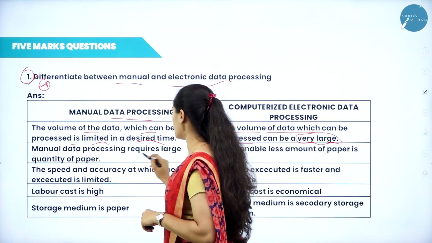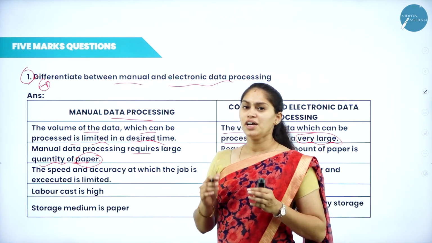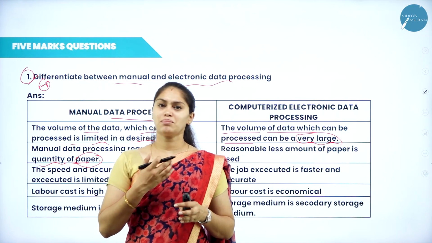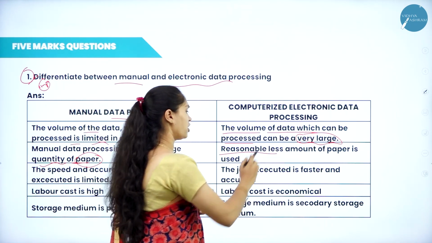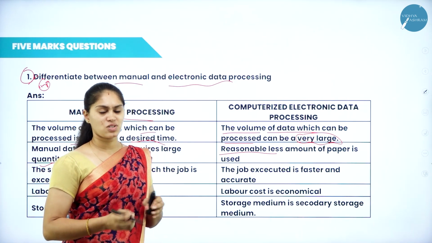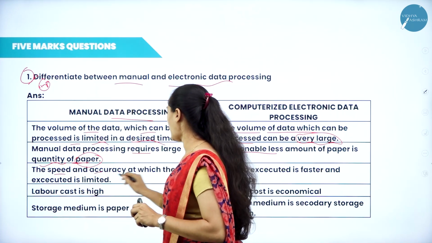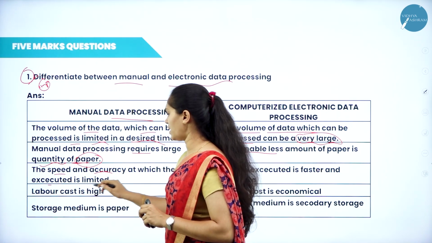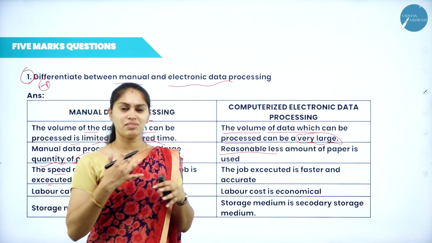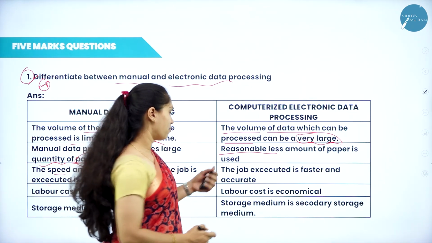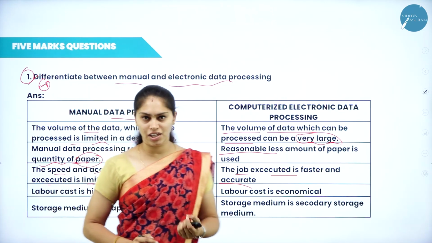Then manual data processing requires a large quantity of paper, because it's like human work and it requires everything manually, so the paperwork is going to be more. Here we are going to use a lesser amount of paper than manual. Also the speed and accuracy at which a job is executed is limited, because everything is done by humans, but here the job is executed faster and accurately.